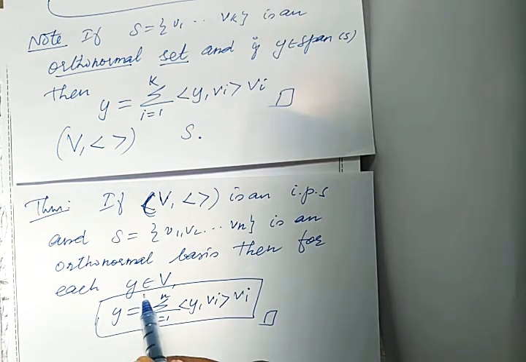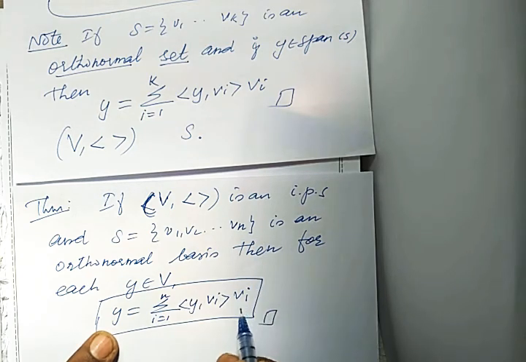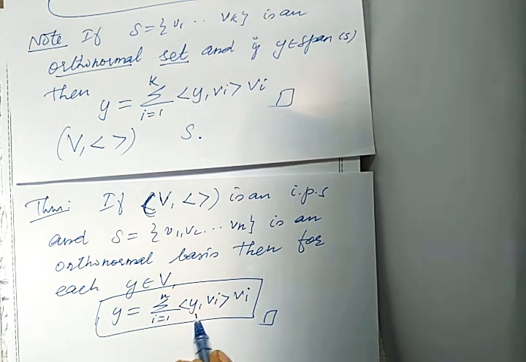Then for each y belongs to V, y can be expressed like this. So y is a linear combination of these basis elements. But finding the coefficients is so easy. Just take the inner product with y. Simply you can find the coefficients.